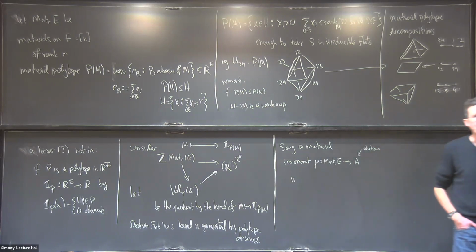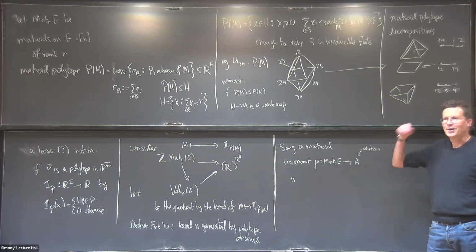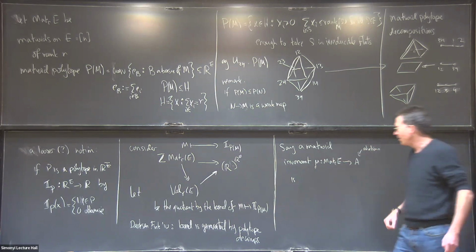So let's have a matroid invariant. Do I mean a matroid invariant that's constant on isomorphism classes? That's a subtlety. Let's just say a matroid invariant is something that sends a matroid to an element of an abelian group.